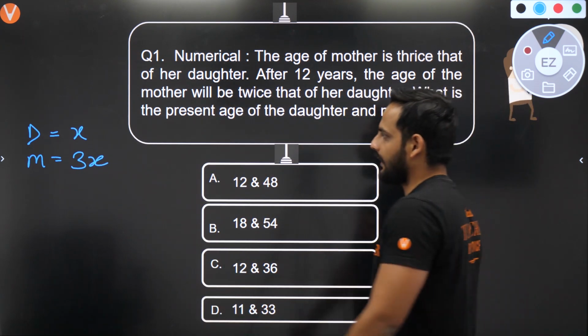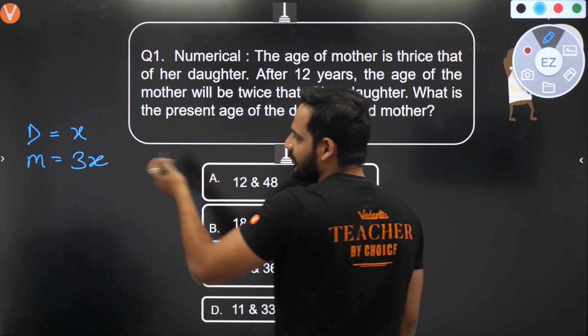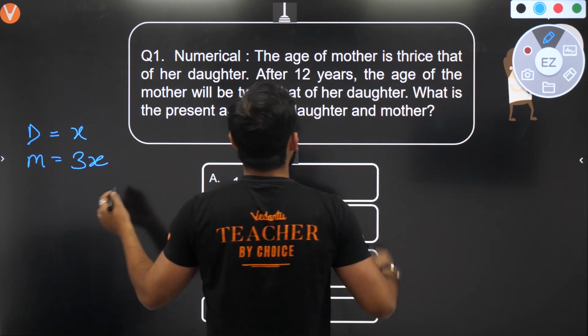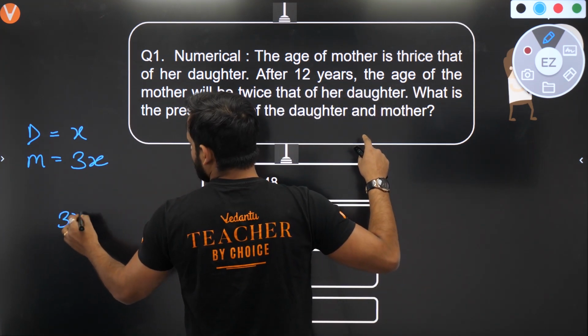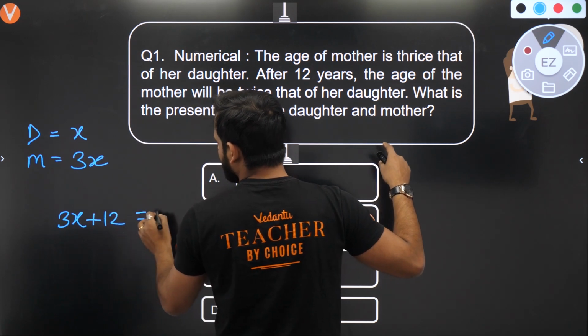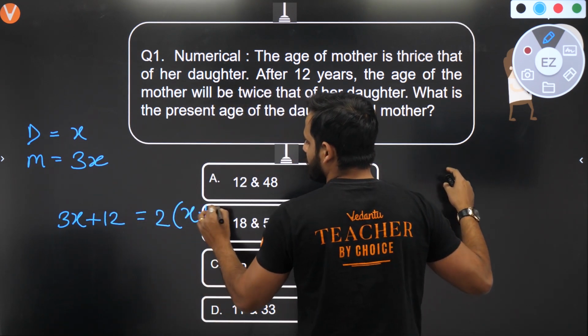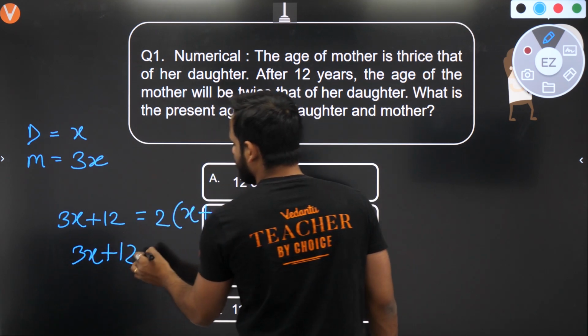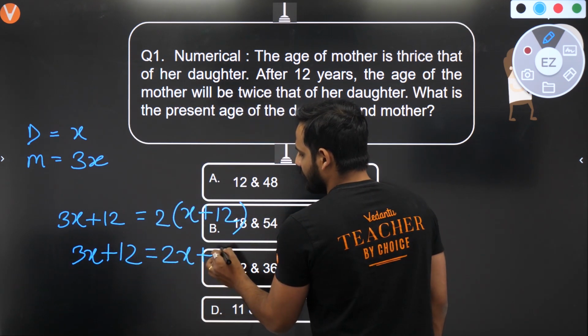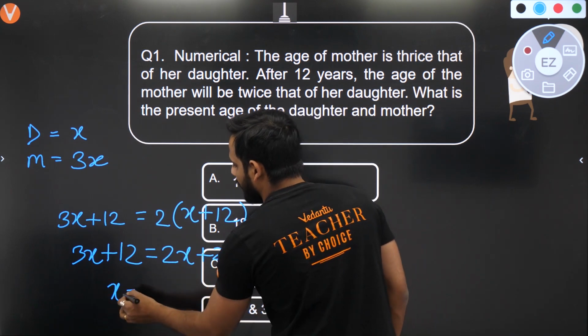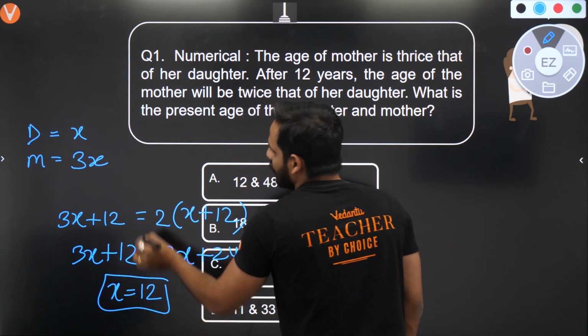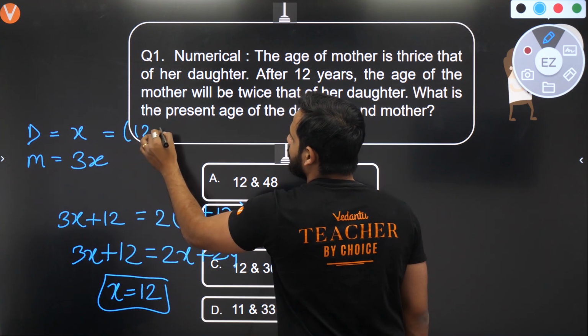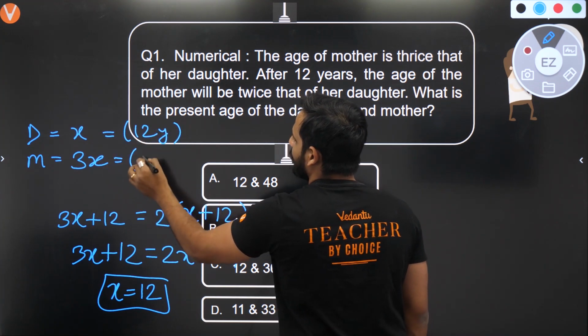Now after 12 years, daughter will be x plus 12, mother will be 3x plus 12. So after 12 years, the mother's age, that is 3x plus 12, will be 2 times of the daughter's age, which is x plus 12. So now again you will get the same equation. 3x plus 12 is equal to 2x plus 24, and again you will be getting x is equal to 12. So again you are getting the same answer.